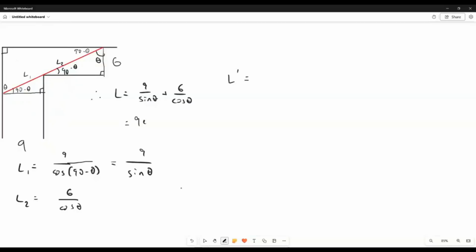Using the first derivative test, we can differentiate L and set it equal to 0. We can differentiate the equation as follows.